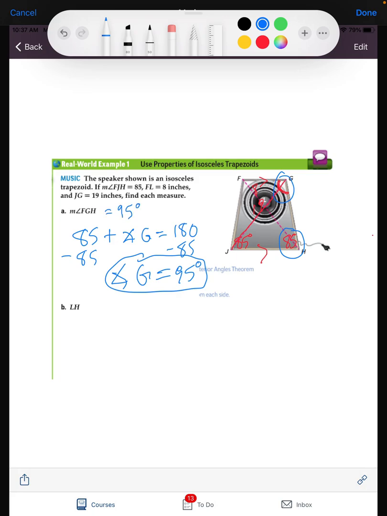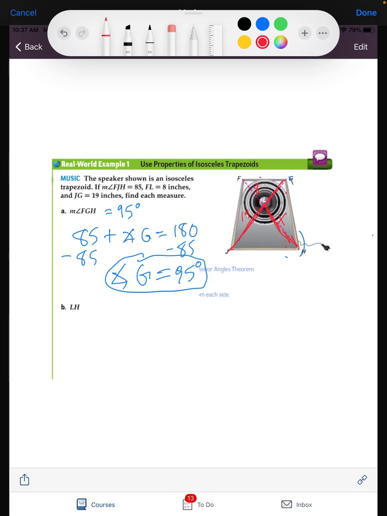And then if we want to find LH, let me erase what we've written here so far. So LH, we want to find this part right here. We know that this whole part is 19. We know this part is 8. And we want to find this.